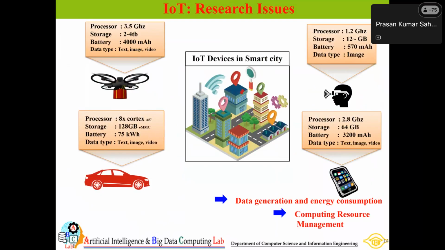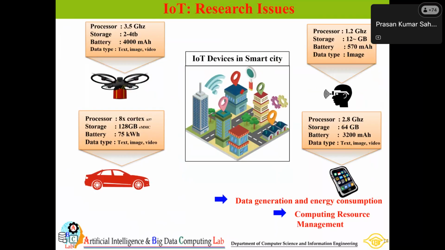As you can see here, these IoT devices, which are used in the smart city, may generate text, image, audio, video data, and can be transmitted through different devices such as the vehicles.